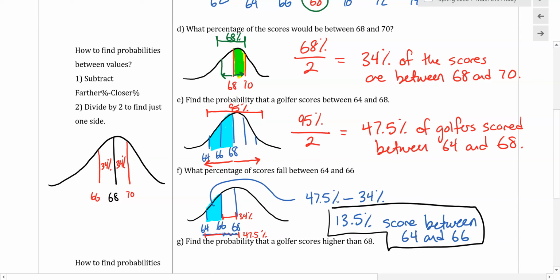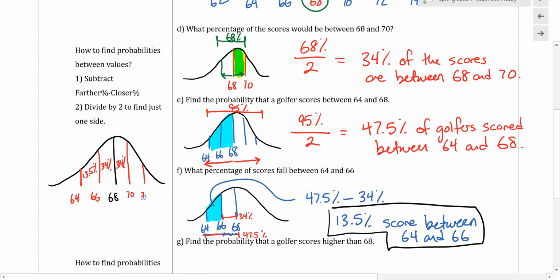Right, so they get a little trickier as they ask for different pieces of the puzzle, but you can figure them all out by using this empirical rule. And if I want to add it to my little picture here, what I just figured out is that if I go down to 64 here, that little sliver we just found is 13.5%. Well, it's going to be this by symmetry.